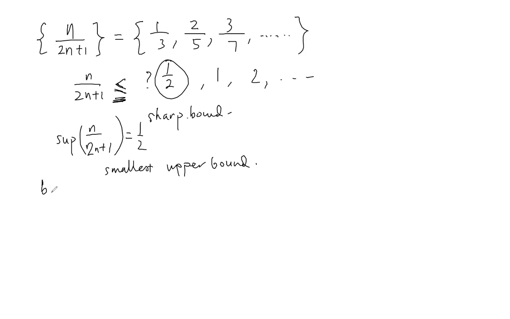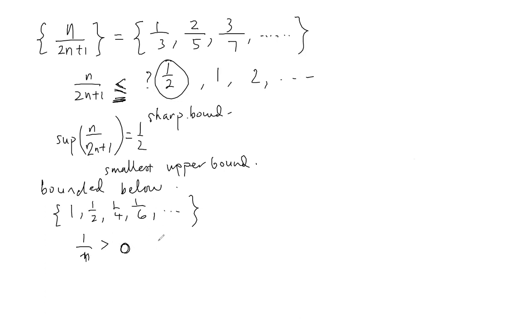Then you also have bounded below, which is basically from below. For example, you have 1 over 2, 1 over 4, 1 over 6, the sequence of reciprocal even numbers. So it's bounded from below by what? 0. It's definitely larger than 0.